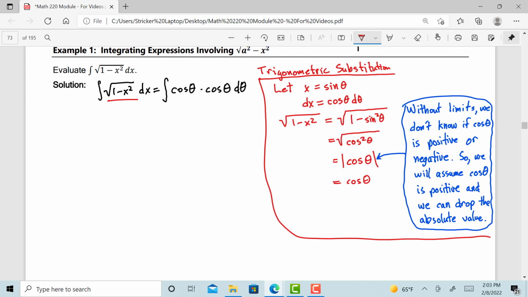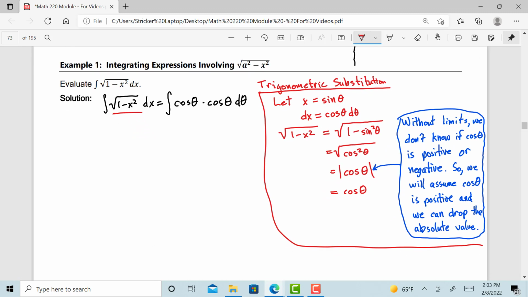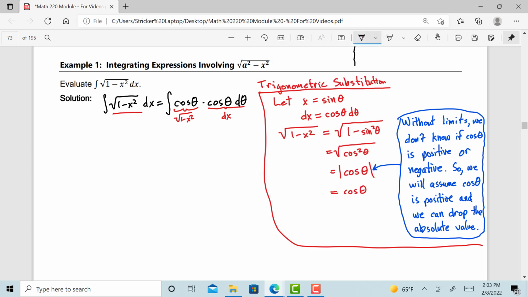This right here is equal to the square root of 1 minus x squared. This right here is dx. Okay, hopefully that makes sense to you. Let's go ahead and simplify this.